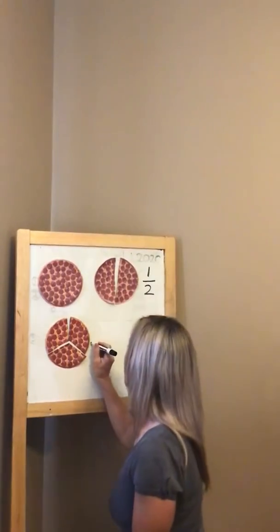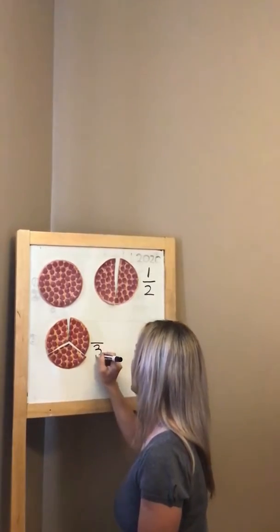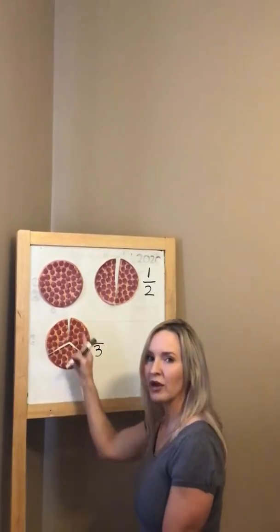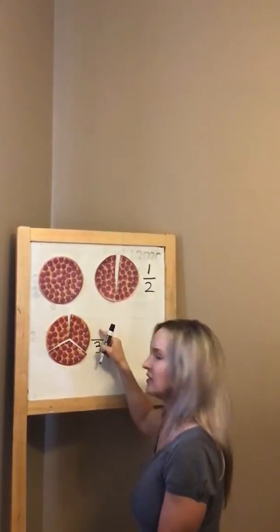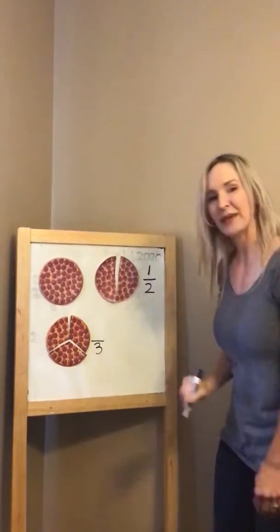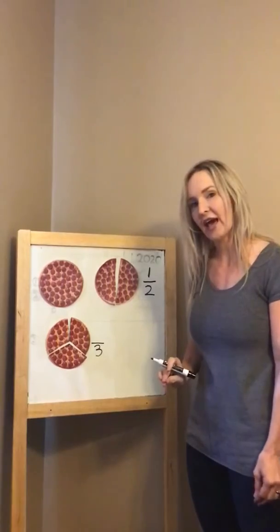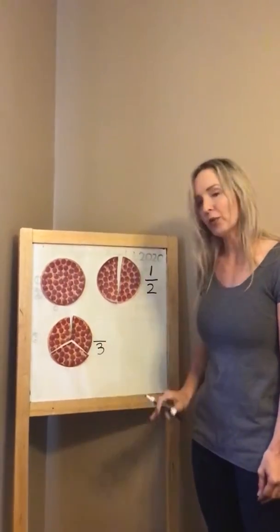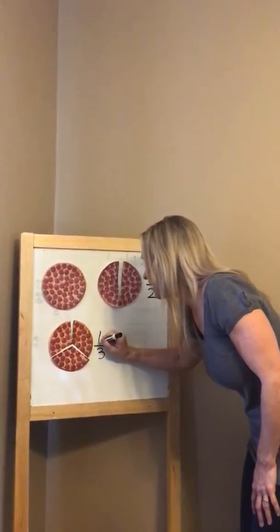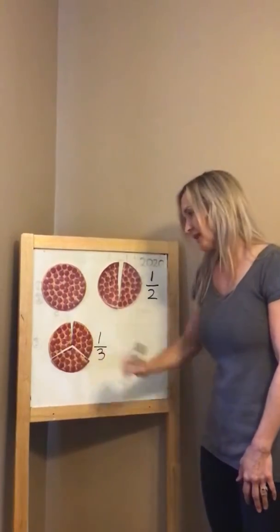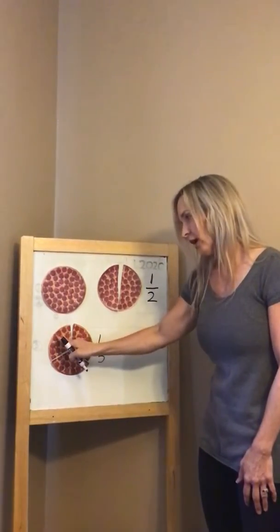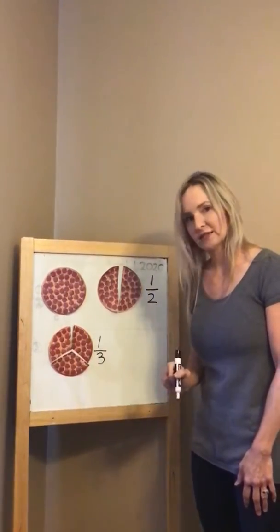The bottom part of my fraction tells me how many parts my whole is divided into. The top number tells me how many pieces I have, or parts that I have. So each of my boys will get 1/3 of the pizza. They'll each get 1 of 3 pieces.